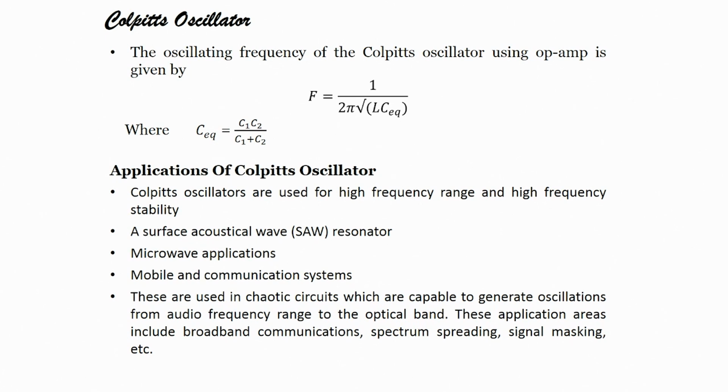Whether we have to use 2L and 1C or 2C and 1L depends on the type of circuit that we are designing. In the case of the Hartley oscillator, it will be 2L and 1C. In the case of the Colpitts oscillator, it will be 2C and 1L.